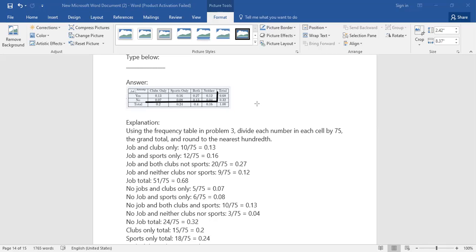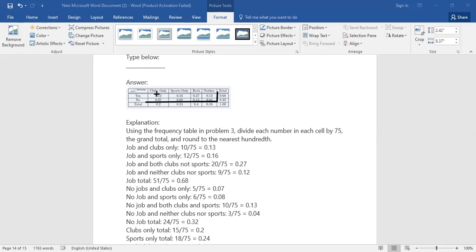So which percent? Here, this one. So it will be 0.13. Then 0.13 times 100 to change it into percentage form. Okay, so this is how we can find a relative frequency in joint frequency.